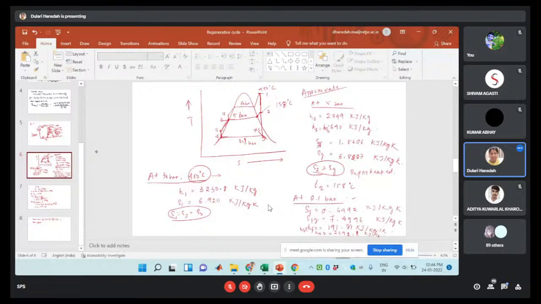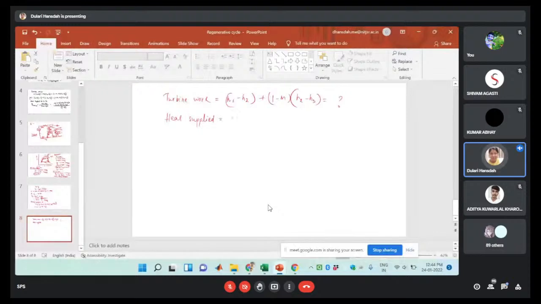It is H1 minus hf6, which is H7. So how much will it be? Then find out the thermal efficiency, that is the turbine work WT divided by the heat supplied Q. So these three you can calculate by yourself and check the answer.